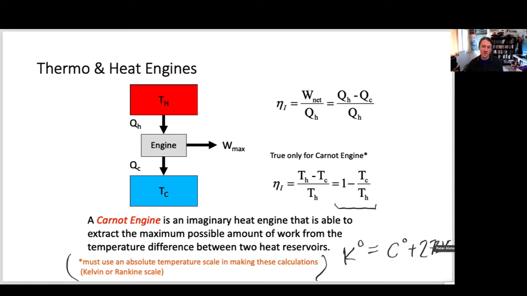So 0 degrees Celsius is the same as 273.15 Kelvin. And then there's another relationship for Rankine, which is the absolute temperature related to Fahrenheit. So we always need to use absolute temperatures when we're making these assessments and figuring out what's the best possible efficiency, or what we sometimes call the Carnot efficiency. That would be the best possible maximum efficiency for our power plant.